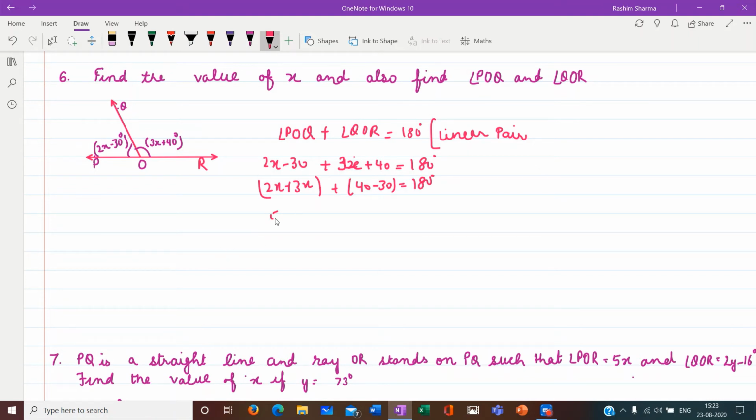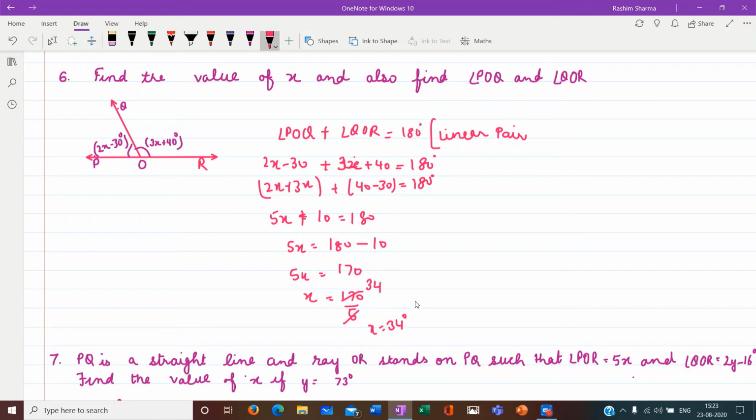So we get 5x plus 10 is equal to 180 degree. 5x is equal to 180 minus 10. So 5x is equal to 170 degrees. So x comes as 170 on 5. When we cancel, x is equal to 34 degree.